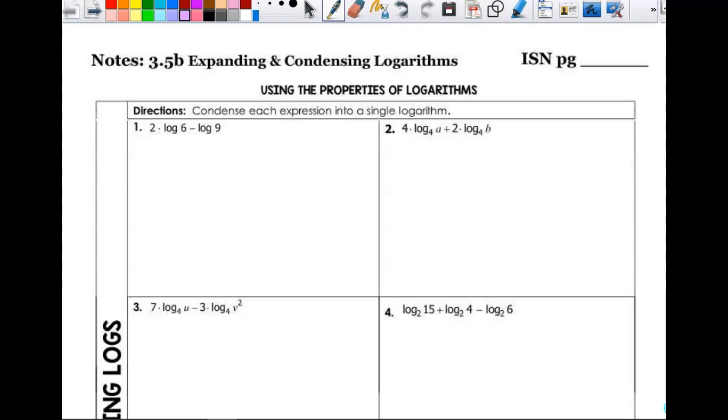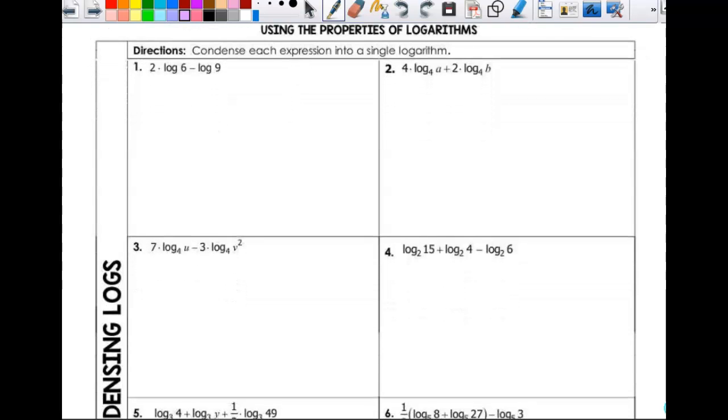This tells us to condense into a single logarithm. So we have subtraction, which means that I'm going to change that to division, but I can't do that until I take care of that 2. What happens with this 2? What can I do with that? Exponent. Very good. So I can bring that up there. So that would be log of 6 squared minus the log of 9.